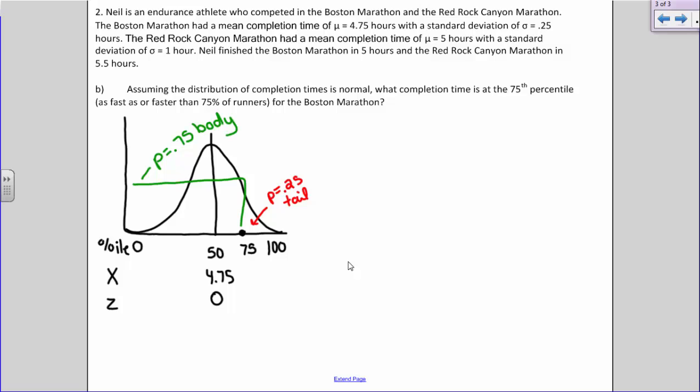So we're presented with a situation where we know the p-value. We need to use the unit normal table to find z, and then use the z-score to compute x. So we need to go to the unit normal table and find either p equals 0.25 in the tail or p equals 0.75 in the body. That'll lead us to the z-score that we need to then calculate x.